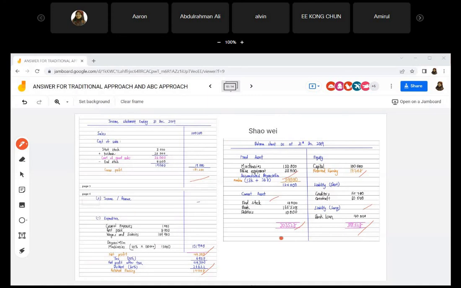Actually, this is only half. After this, you have to use this number in order to see the performance of the company. That is what you actually want to see. This is only the process to get the numbers.